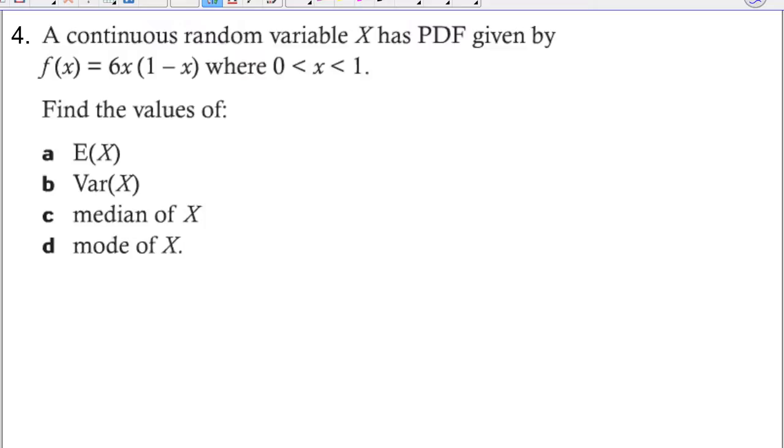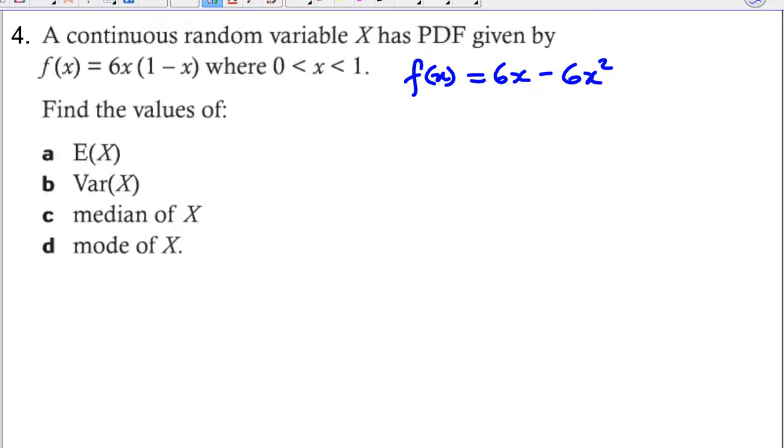Okay, so I'll start by sketching this function. If I start by sketching this function, f of x will be equal to 6x minus 6x squared.